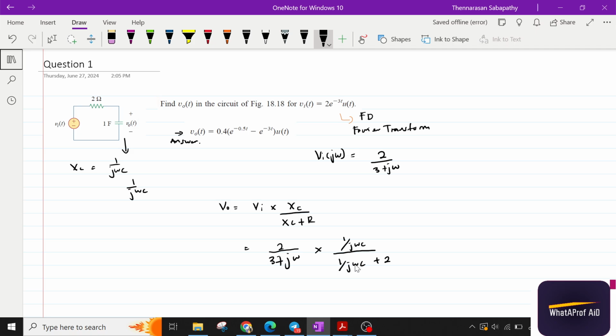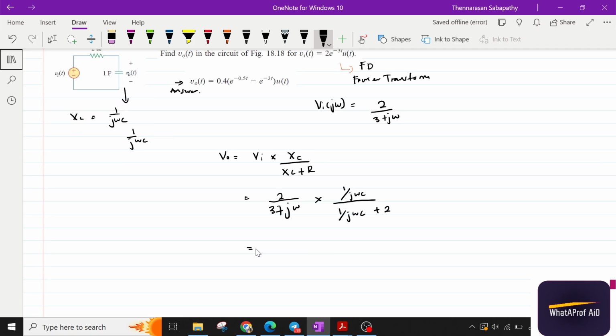So here, we do not need to fully multiply this out, because if you fully multiply, then you have to do factorization to get back this form, to do the partial fraction later.